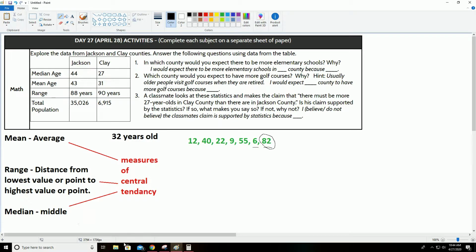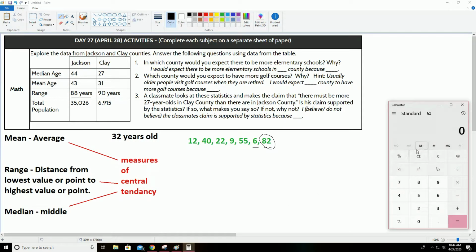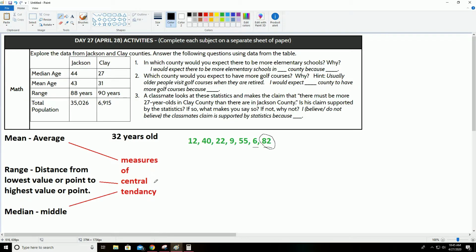Range is just the distance from the lowest to the highest or the highest to the lowest. So all I have to do is subtract and find the difference. That means the range would be 79, because there's 79 years of age difference between the youngest person and the oldest person.